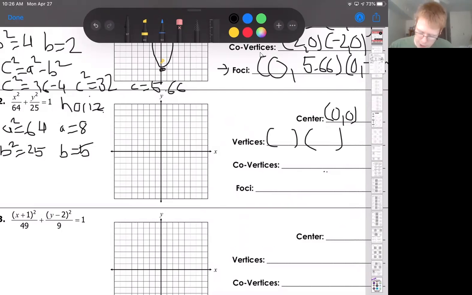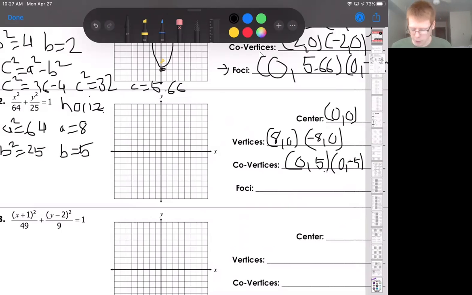So our vertices would be 8, 0 and negative 8, 0. For our co-vertices, since it's horizontal, we take our smaller value, b, which is 5, and add or subtract that from the y values. So it would be 0, 5 and 0, negative 5.